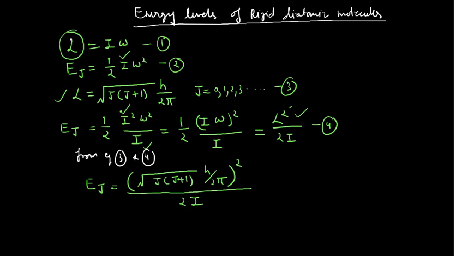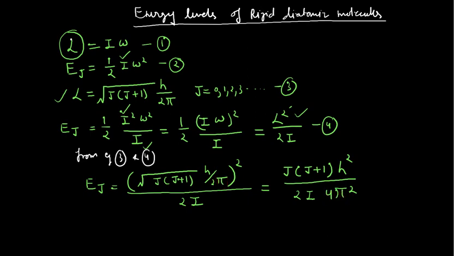And if you solve this now, that would be j times j plus 1, h square divided by 2I was already there, and here would be 4 pi square. Okay, so h square, 2 square is 4, and pi square, that's why it is 4 pi square.